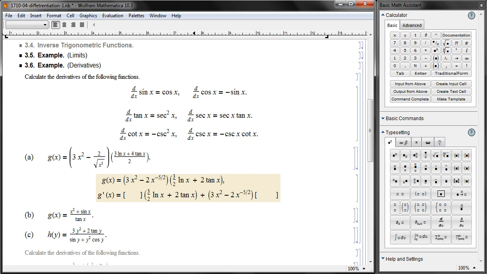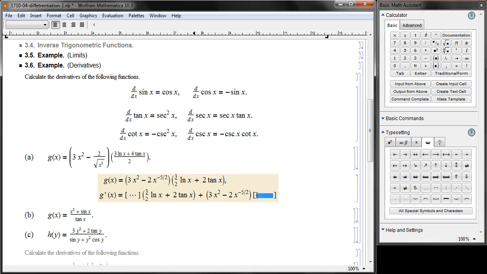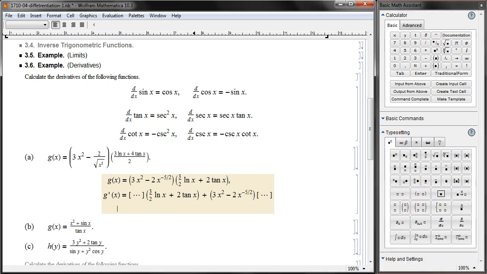Now, experienced students will just put those derivatives in right here directly, but let's pretend that I'm not, and let's slow down with these dot dot dots, and then let's do the same thing in the next step.